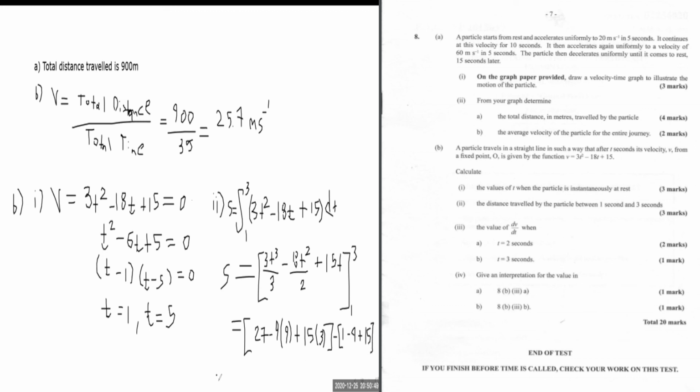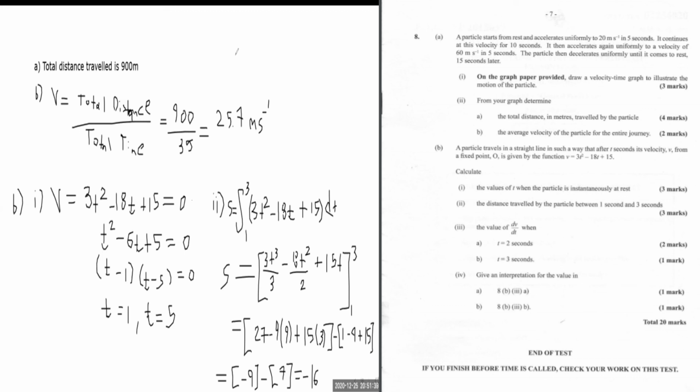So this works out to 27 minus 81 plus 45, which is negative 9, minus the bracket 1 minus 9 plus 15. 1 minus 9 is negative 8, and negative 8 plus 15 is 7. So minus 9 minus 7 is negative 16.